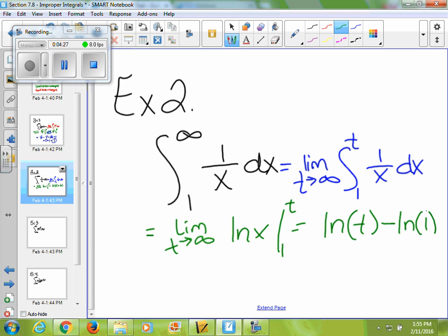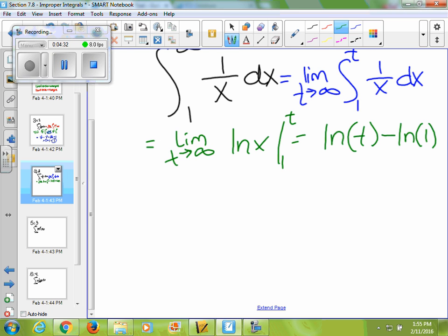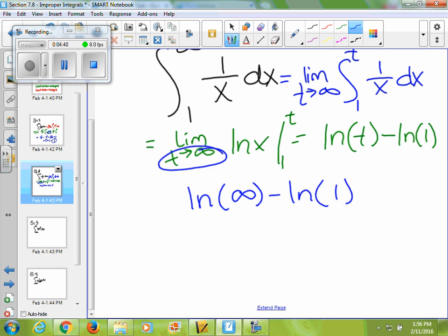So I'm plugging in my limits. I get the natural log of t minus the natural log of 1, where t is still approaching infinity. So this is like the natural log of infinity minus the natural log of 1. Anyone know what happens to your natural log function as it approaches infinity?